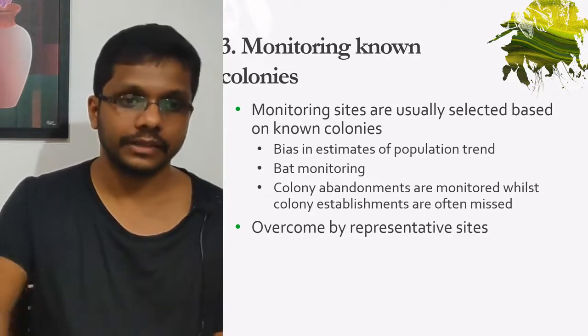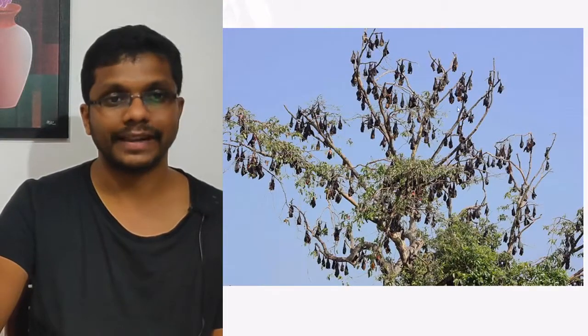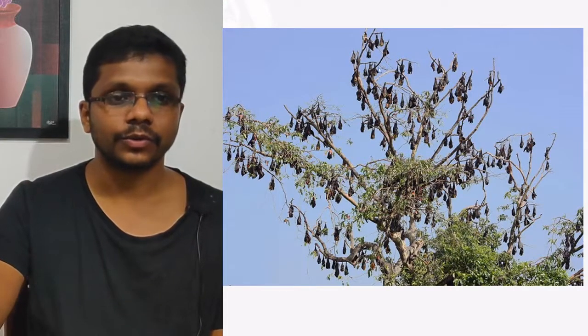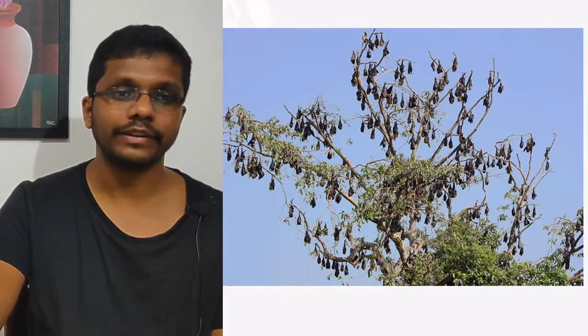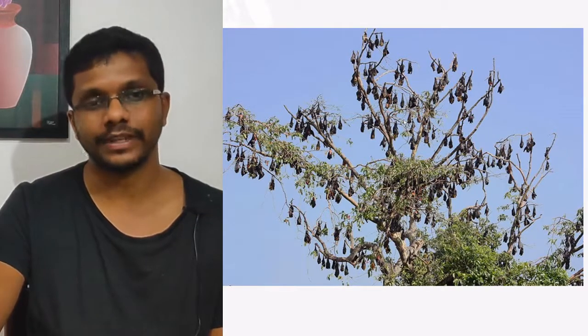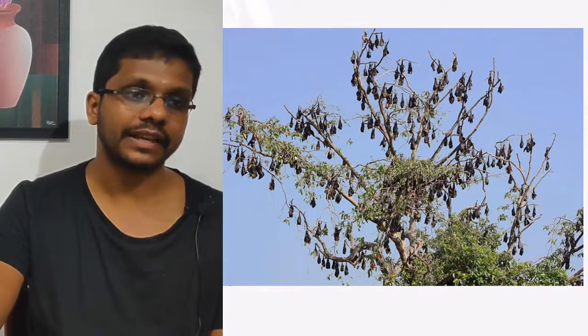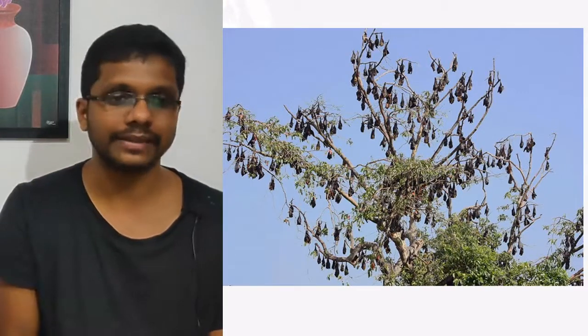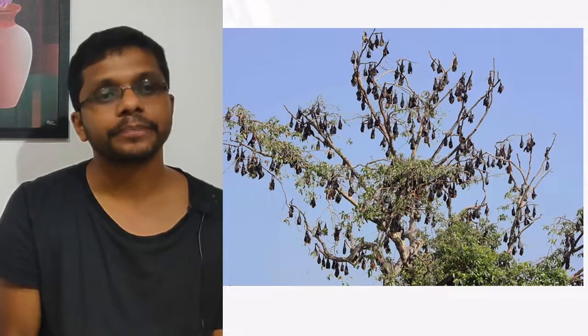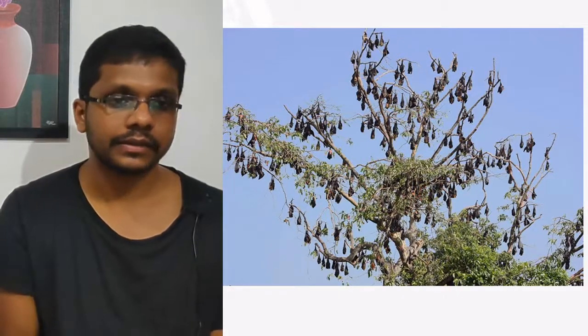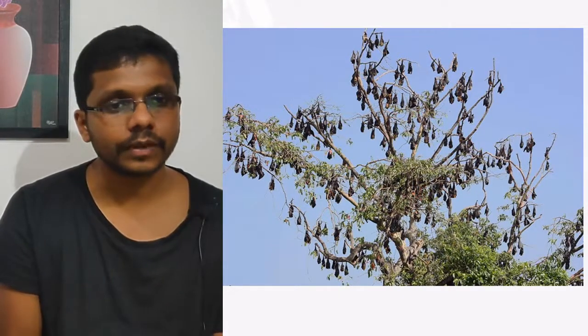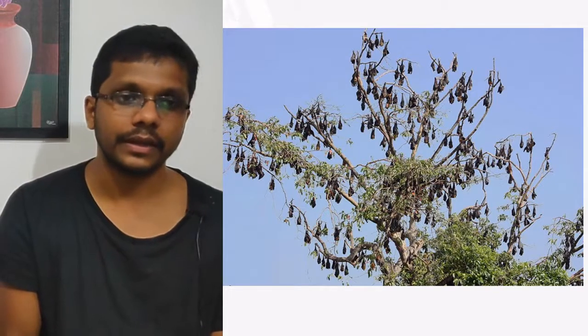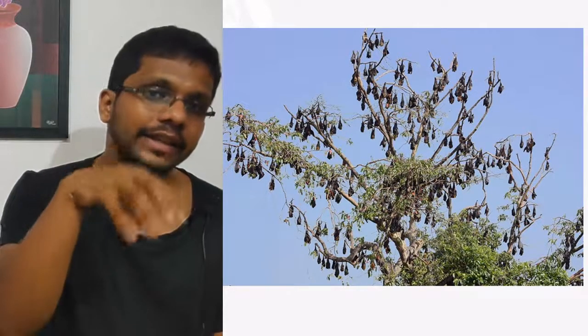If this is a bat colony, when we are monitoring the changes in bat population, we will be monitoring maybe 2-3 colonies, or based on the sampling size, maybe 10 or 20 colonies, but we are studying only those colonies.